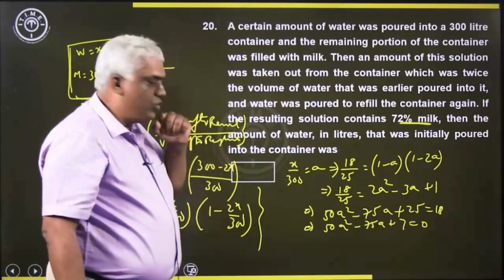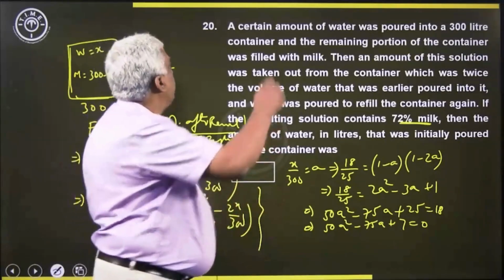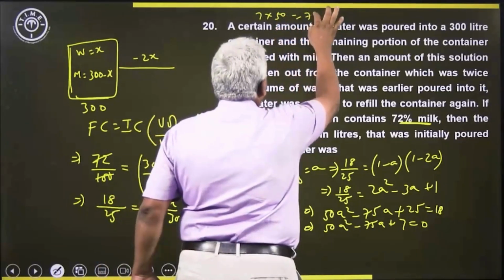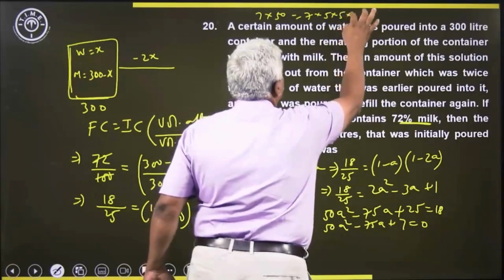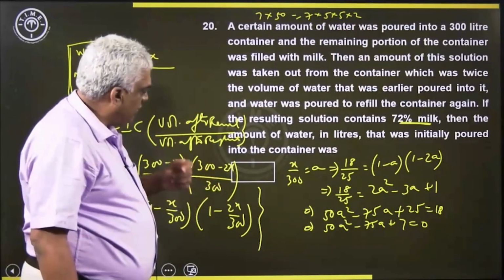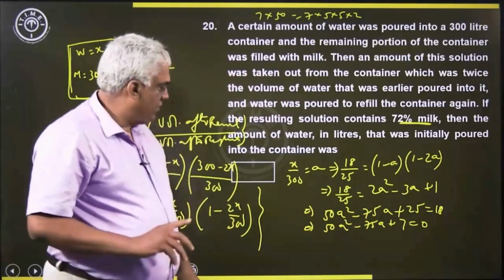Now, we have to take two factors of 7 into 50, which we can say is 7 into 5 into 5 into 2. The middle term is minus 75 and both terms will have the same sign because 7 into 50 is positive.